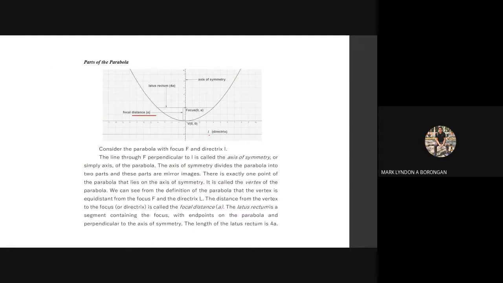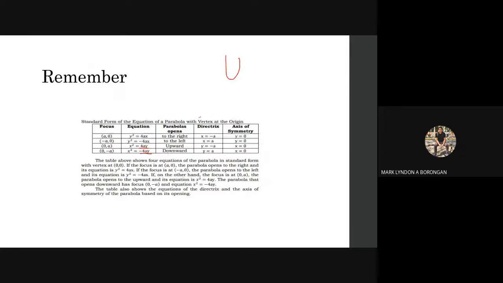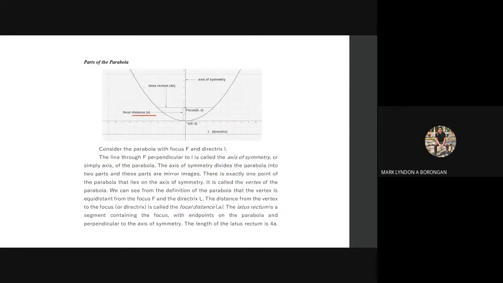sign, right? If we are given that our vertex is at the origin, okay? This case will only apply if the vertex is at the origin. So since it has its back turned, the directrix is in the lower part of the Cartesian plane, which means negative. Okay?